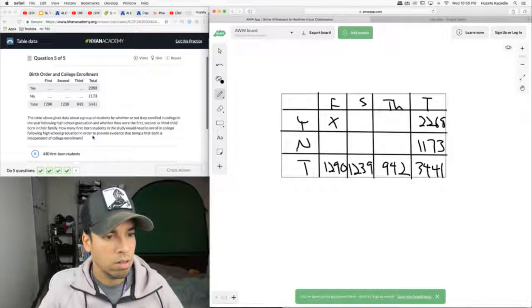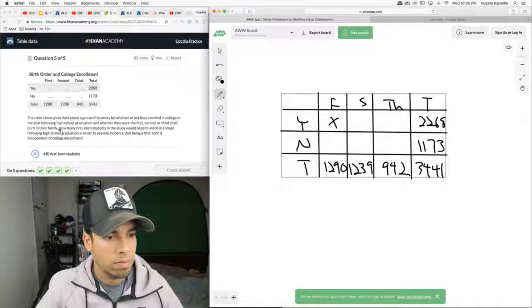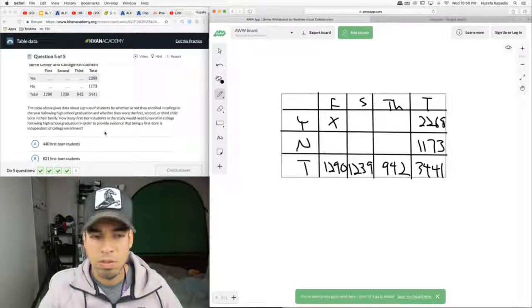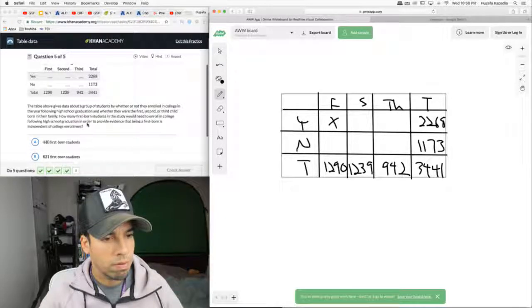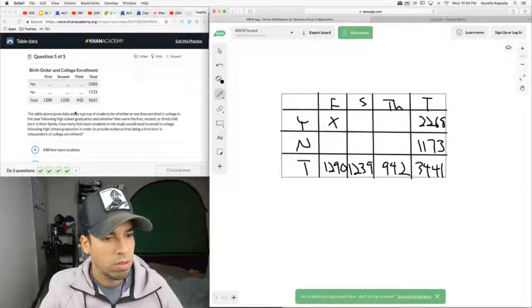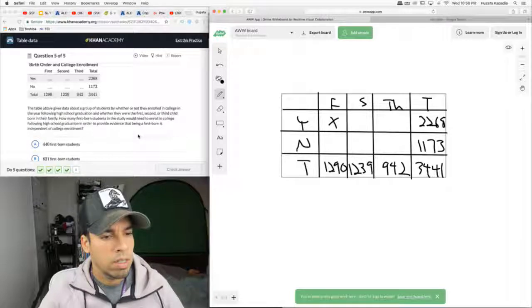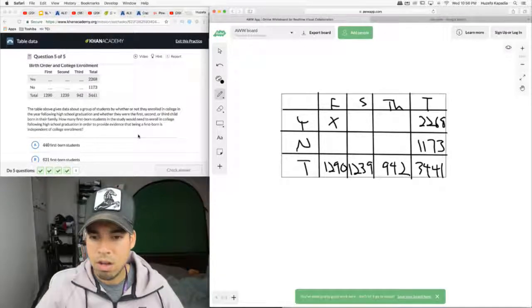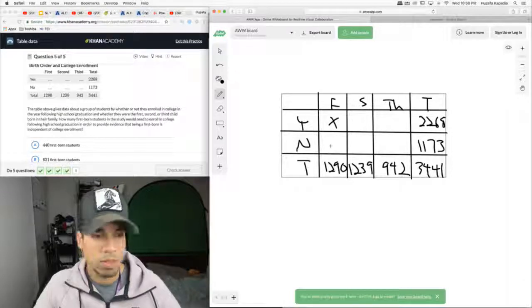So let's see here. Firstborn. So how many firstborn students in the study would need to enroll in college following high school graduation in order to provide evidence that being a firstborn is independent of college enrollment? Is independent of college enrollment.